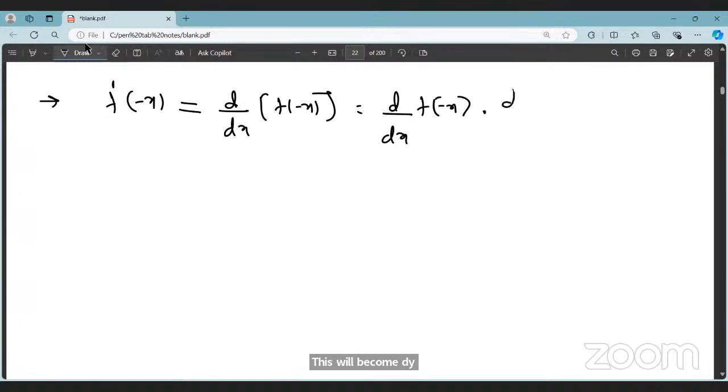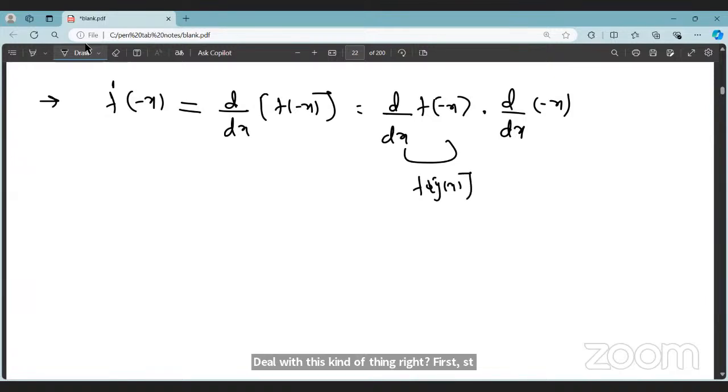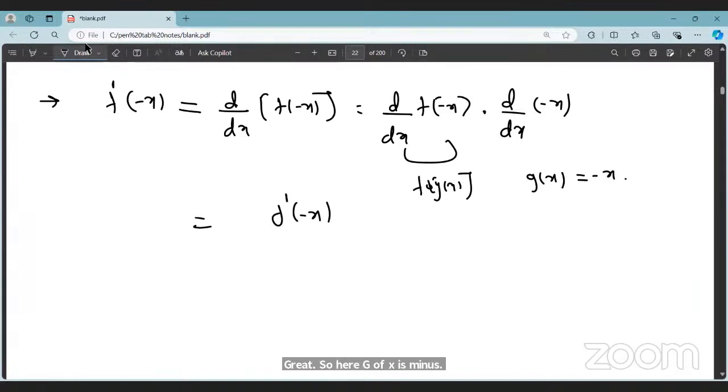If you use the chain rule, then you have to deal with this kind of thing, right? First, you will do f composite g, where g of x is minus x. And this will become f dash of minus x, and a minus sign is there, but that won't tell us anything.